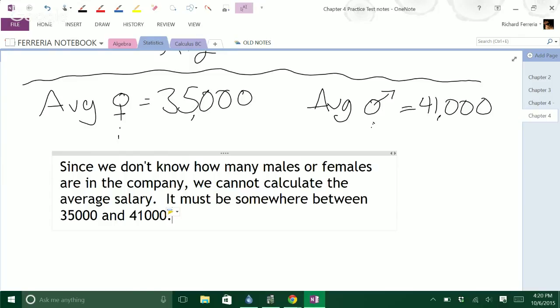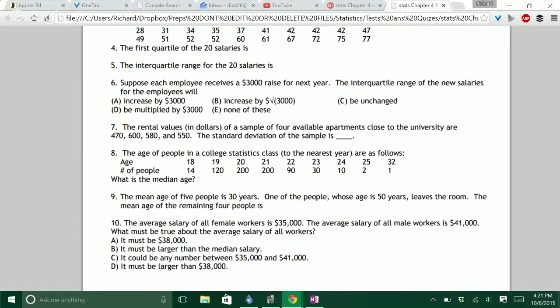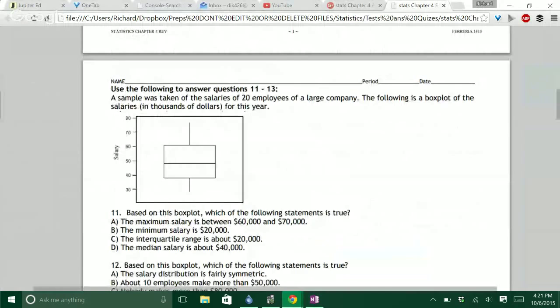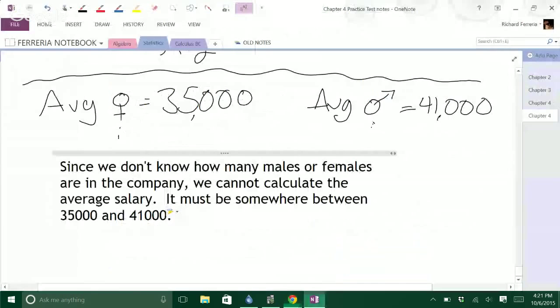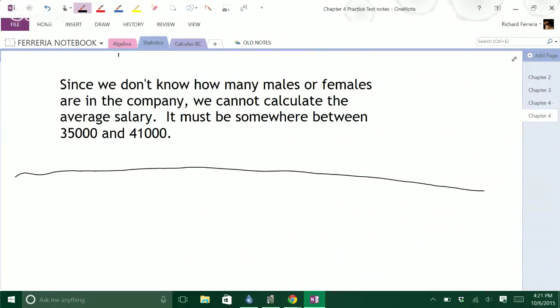Okay, so a sample was taken of 20 employees from a large company. The following box plot is for this year. Let's go ahead and screenshot that box plot. The reason why it's upside down is because they want to mess with you.